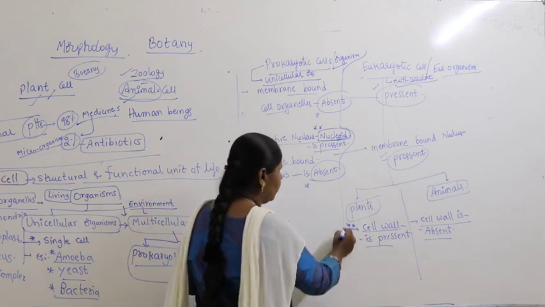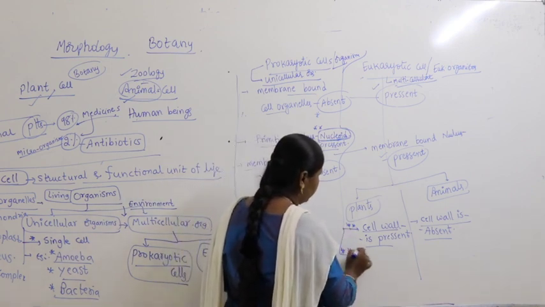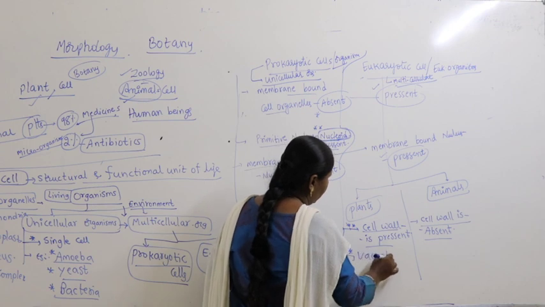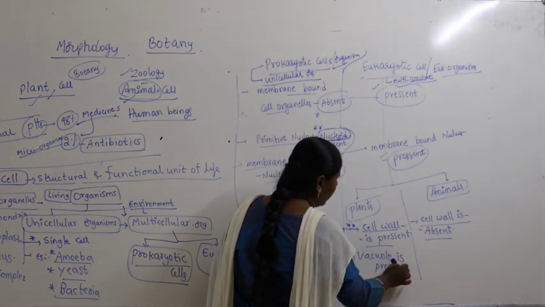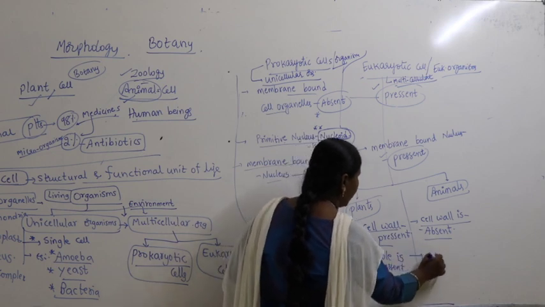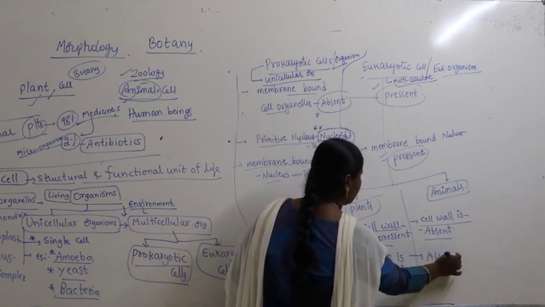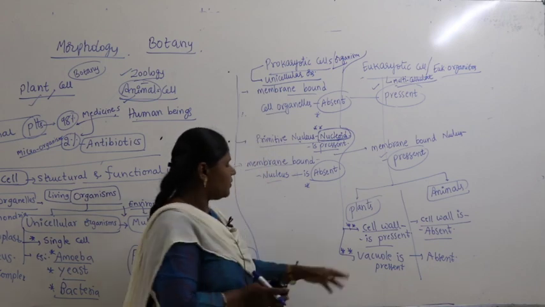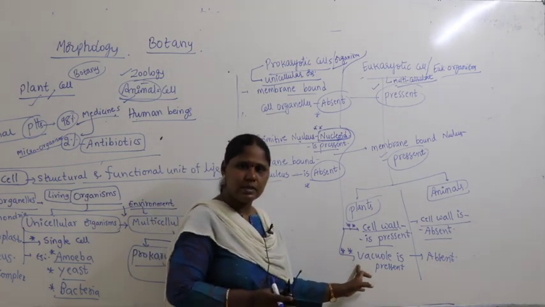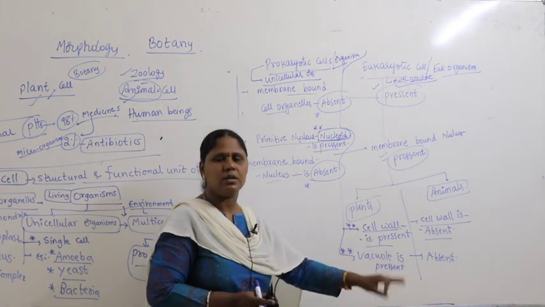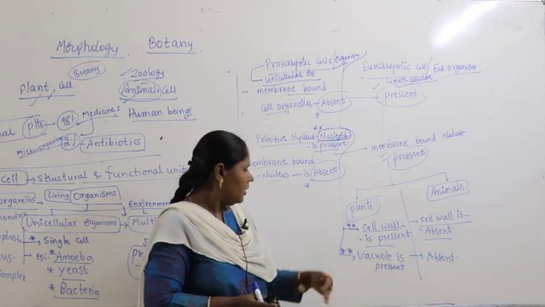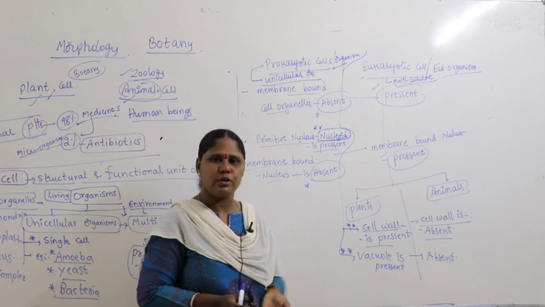Right. Apart from this, you can even take the vacuole. A bigger vacuole is present in one and a big vacuole is absent in the other. When a vacuole is present, we definitely call it a plant cell. When the vacuole is absent, it is called an animal cell. Then what else can make us differentiate?